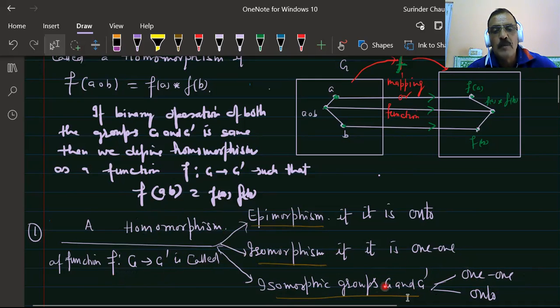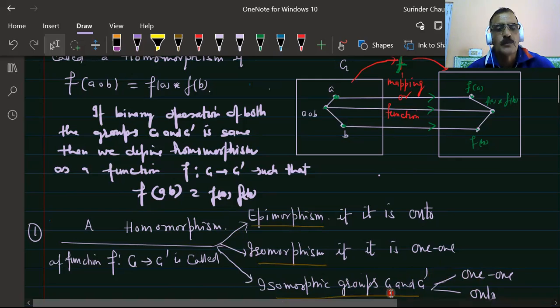If we define a mapping on these two groups G and G dash, and this mapping is a homomorphism as well as one-one and onto, then we say that these groups are isomorphic groups.